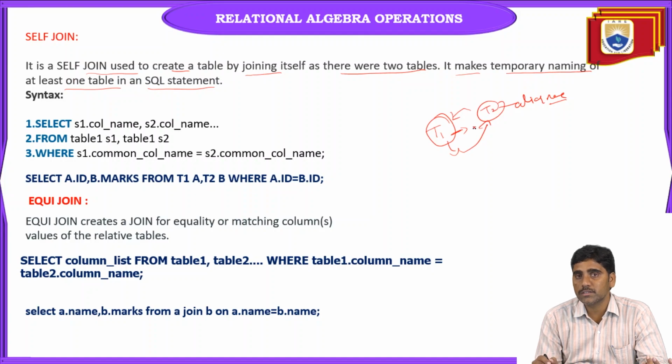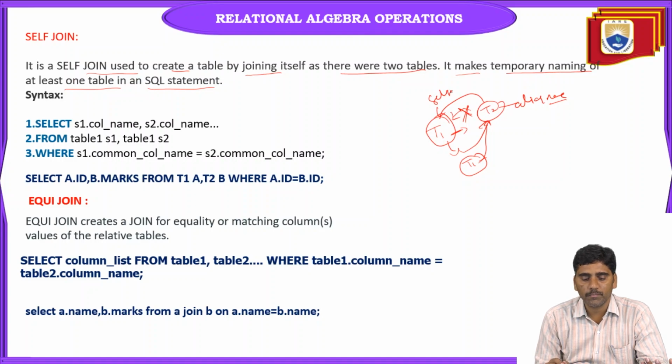It does not multiply with the same name T1, but if you change the name to T2, then it produces a multiplication or merge of the values. That is nothing but self join.